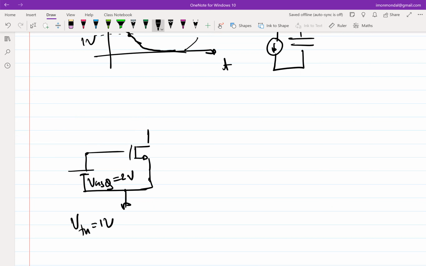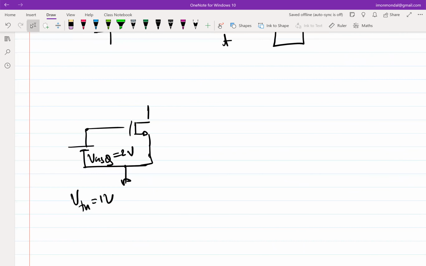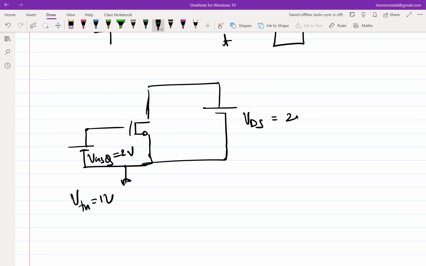Correct. But let's assume you have another voltage source. So now we have to keep it in saturation, which means we agree on the fact that the drain voltage has to be at least 1 volt or more. So I connect a battery VDS, which is equal to, let's say, 2 volt.